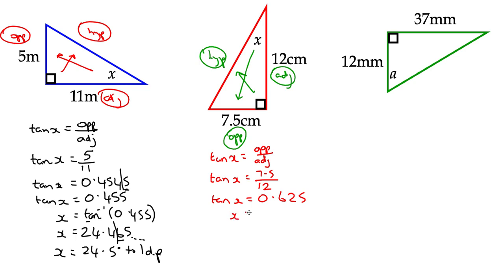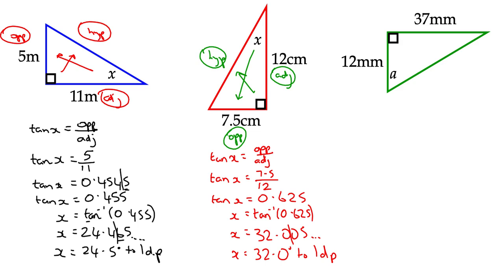To get x itself, I have to do the inverse tan function, inverse tan of 0.625, which on my calculator, shift tan 0.625 gives me 32.005, and so on. When I cut it, that's clearly going to give me just 32.0. Don't drop the 0. If you're rounding it to 1 decimal place, keep the 0 there. We could say it's just 32, but I'm going to go 32.0 degrees to 1 decimal place.